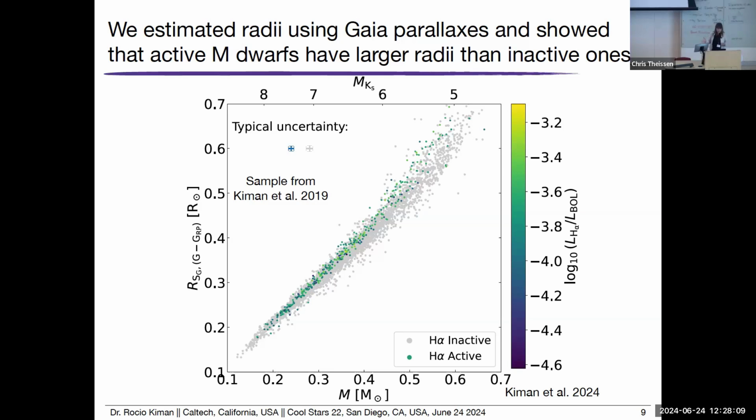In gray are all of the stars that are inactive, and in color-coded by H alpha are all of the stars that are active. So we can see right away that there is a clear difference on the average radius, where active stars have larger radius than inactive stars, which would indicate that magnetic activity is playing a big role in inflating all of the stars.